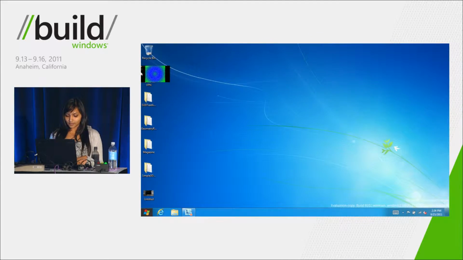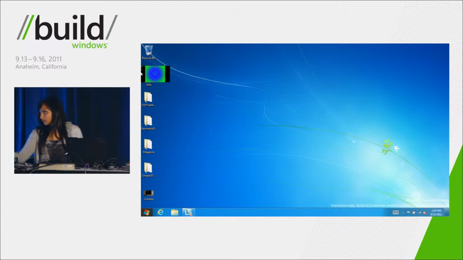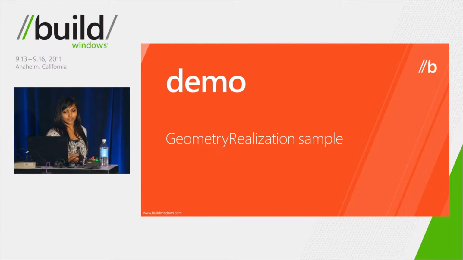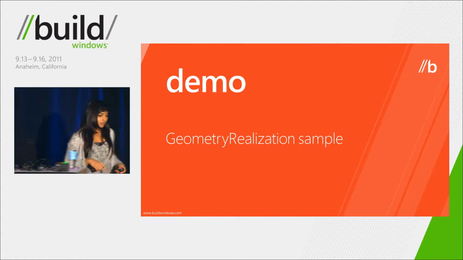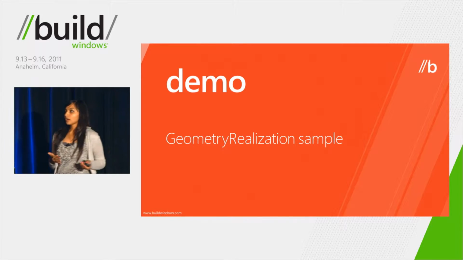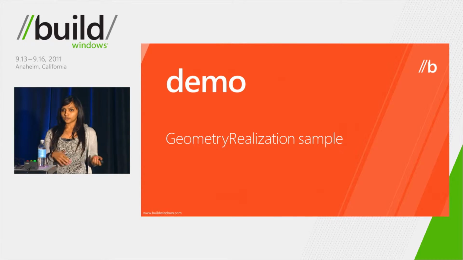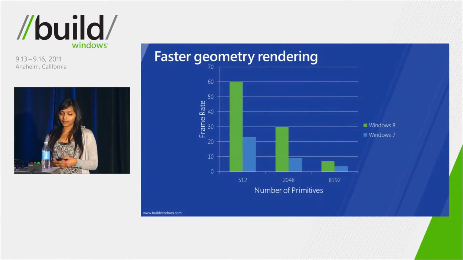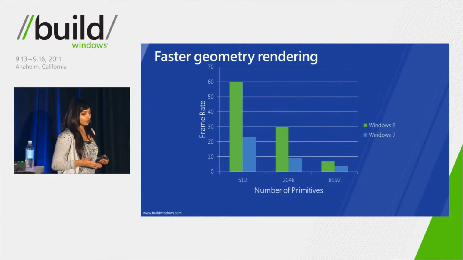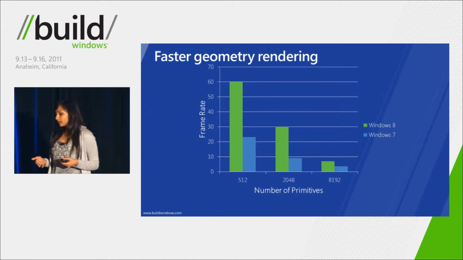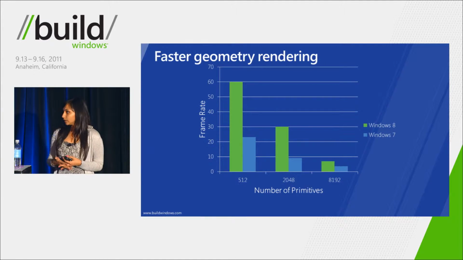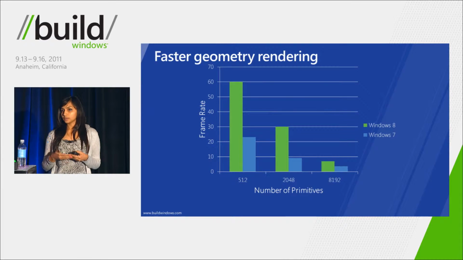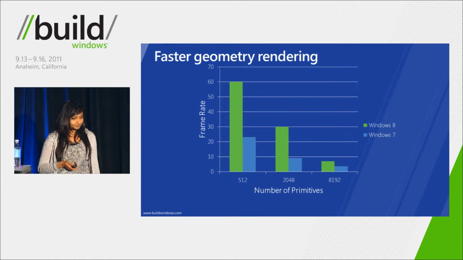But basically the idea is that you have lots and lots of primitives that are rendering, and again, we did a comparison of the Windows 7 incarnation of the same sample and the Windows 8 version, with an increasing number of primitives. As you can see, we've done a lot of work in our geometry pipeline to make it much faster in Windows 8.